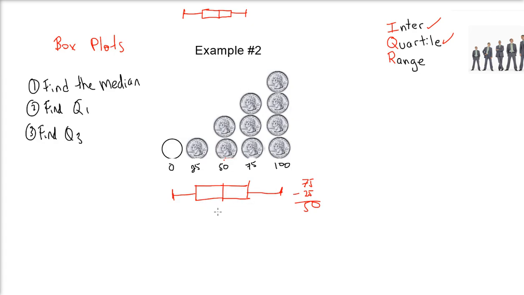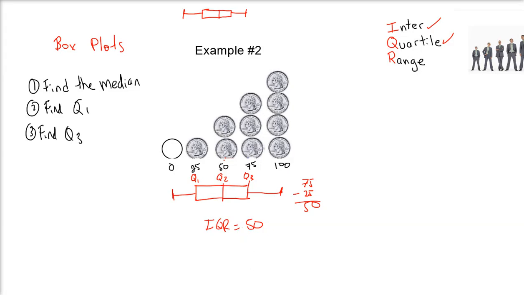So that's what it means. How many numbers are between the upper quartile and the lower quartile? These are also known as quartile 1, quartile 2, and quartile 3. So how many numbers are between quartile 3 and quartile 1? 50. So the interquartile range is equal to 50. That means there's 50 numbers between 75 and 25.